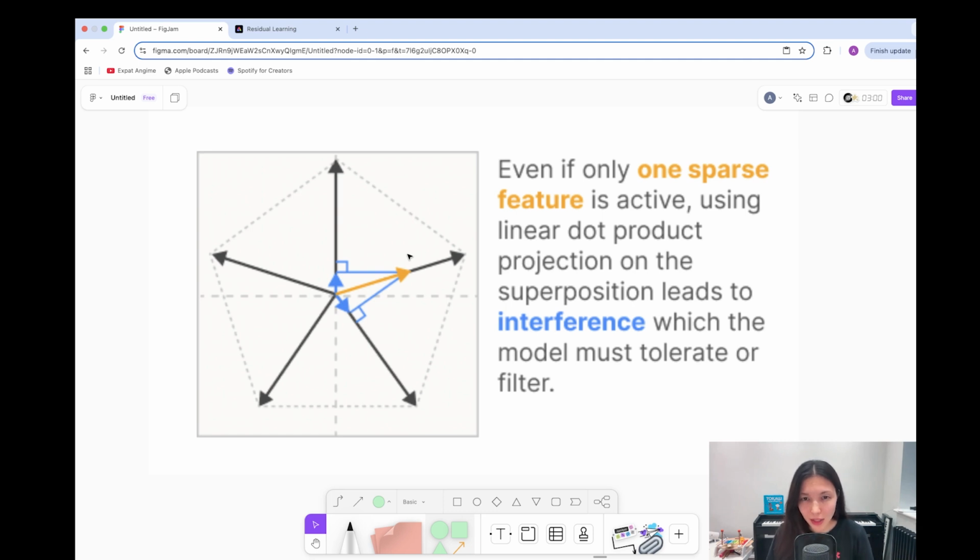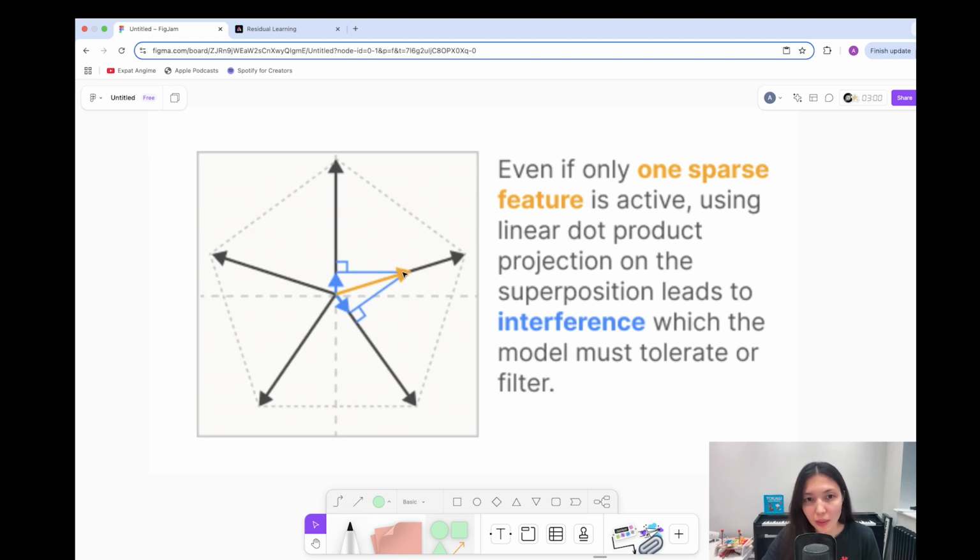And what happens here is what is called interference, meaning that in orange we have an activation vector, and we want to check what features are represented in this activation vector. So we need to project it on each of the features. Of course we can see that this feature is present.